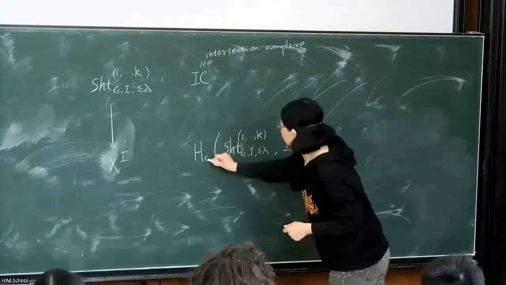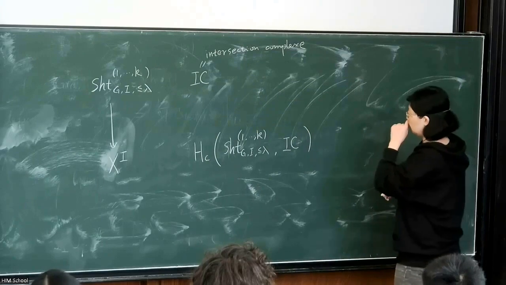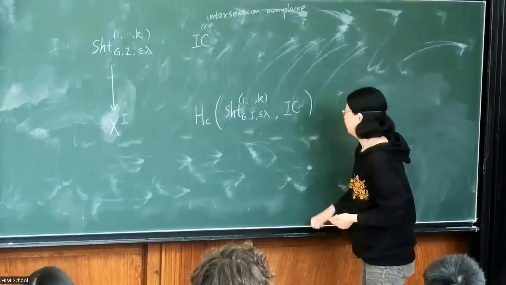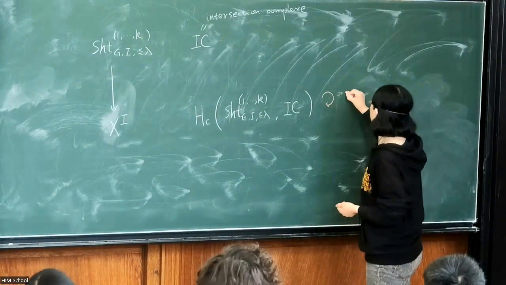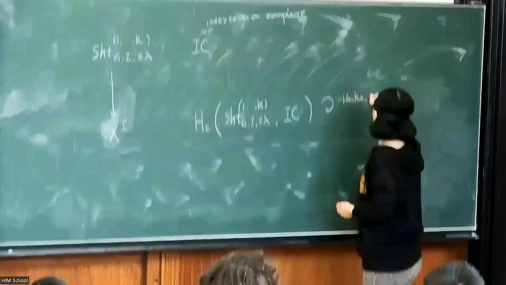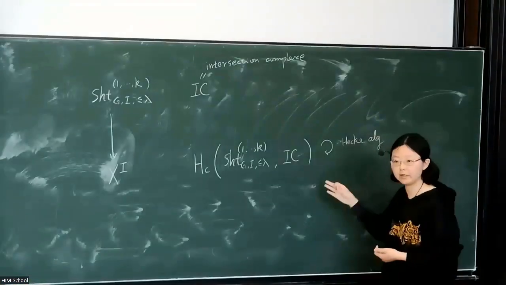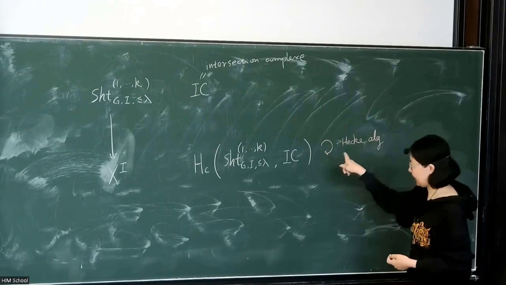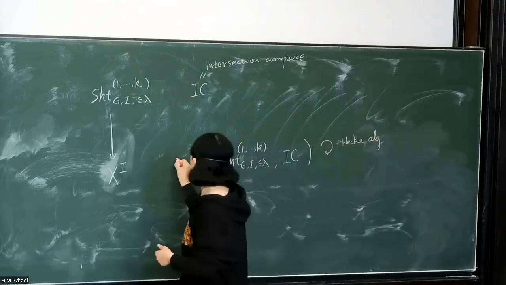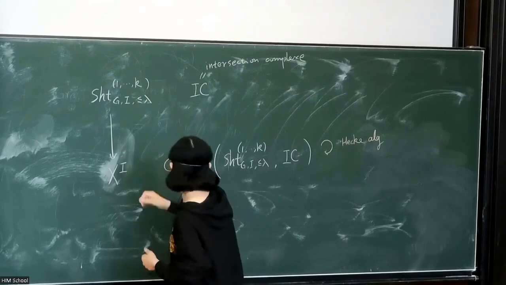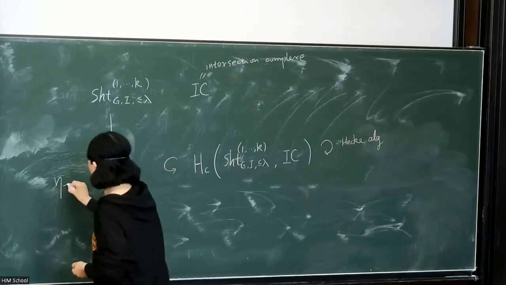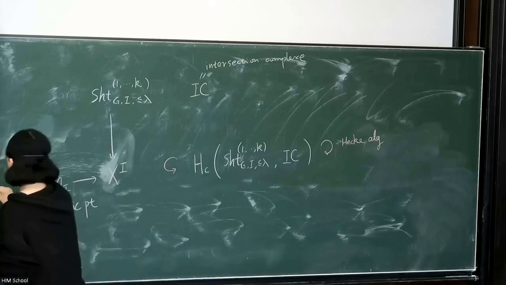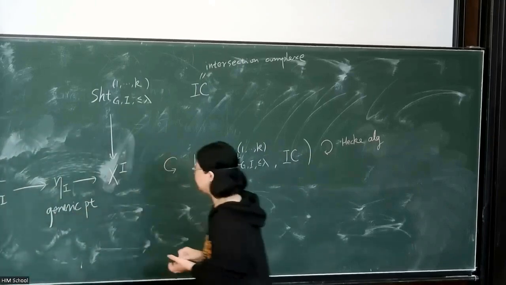And on the cohomology, we have an action of the Hecke algebra given by Hecke correspondence, as what you saw in the first lecture this morning. And also there is an action of, oh, sorry, I forgot to say we chose the generic point, and a geometric point over the generic point.